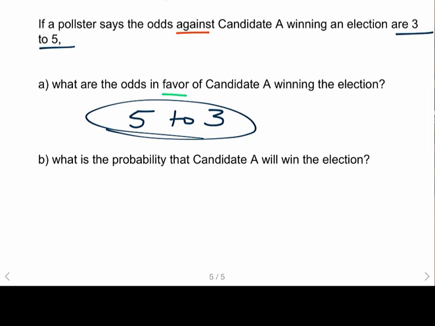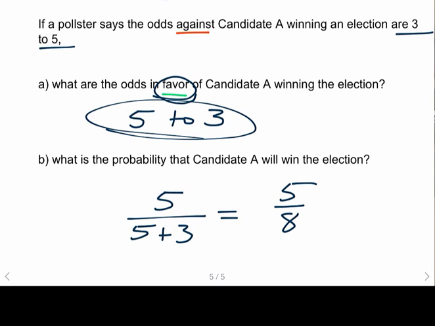Okay, so the odds in favor of him winning the election, or her, are 5 to 3, and so it's 5 in the numerator. And then 5 to 3 is a total of 8, right? So, 5 plus 3. And so it's actually the case that the probability is 5/8. And so that's what you do.